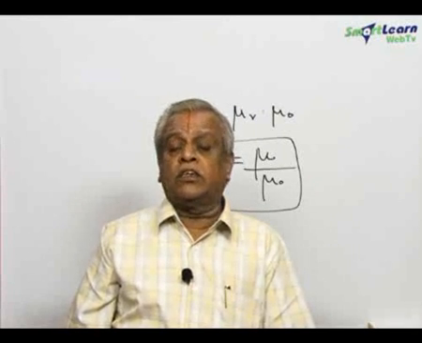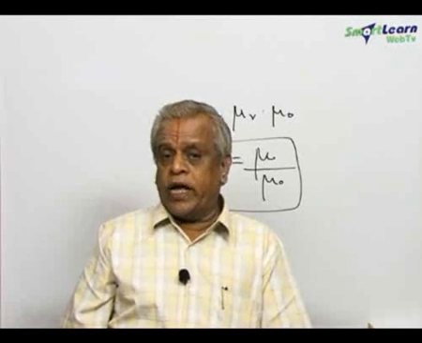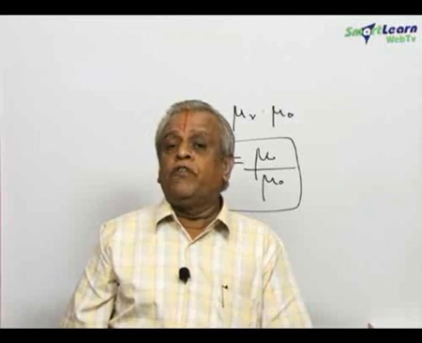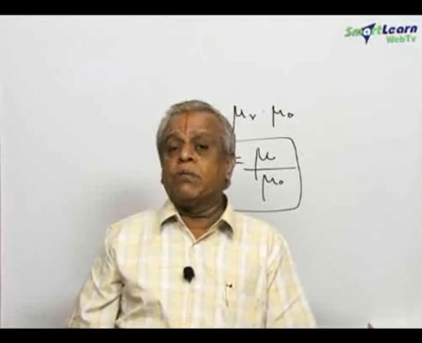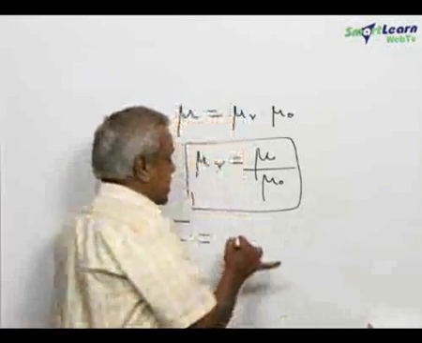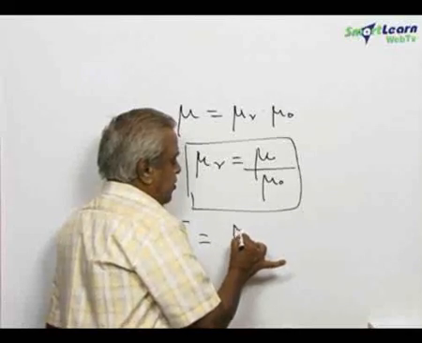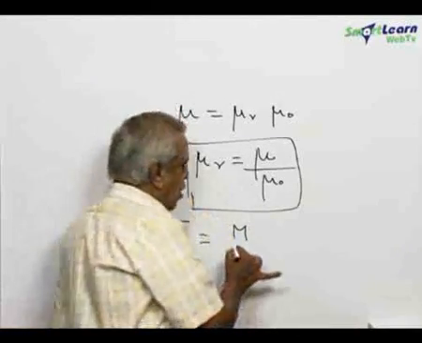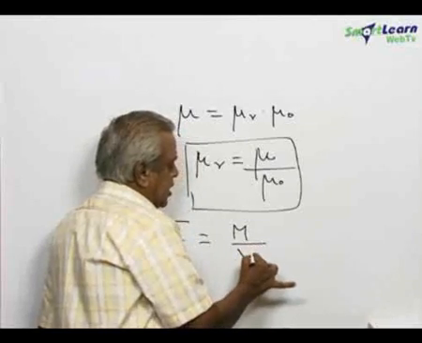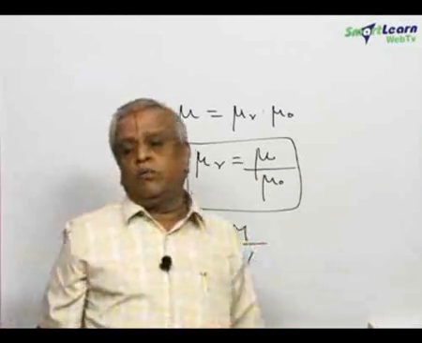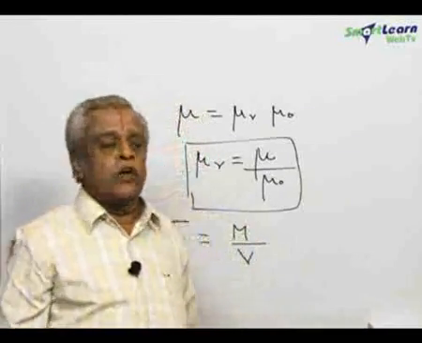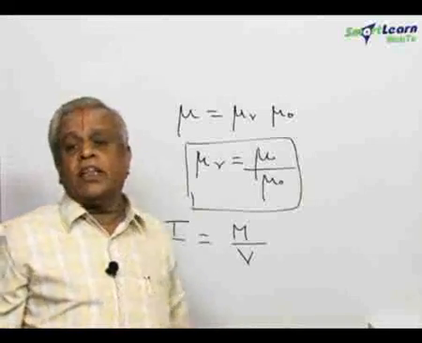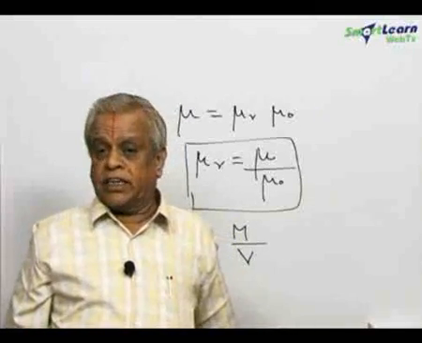So many substances will acquire magnetism. So we can measure the magnetic moment. The magnetic moment is m. What is the volume of the substance? Then what is the ratio of the magnetic moment to its volume? Magnetic moment per unit volume is known as intensity of magnetization.